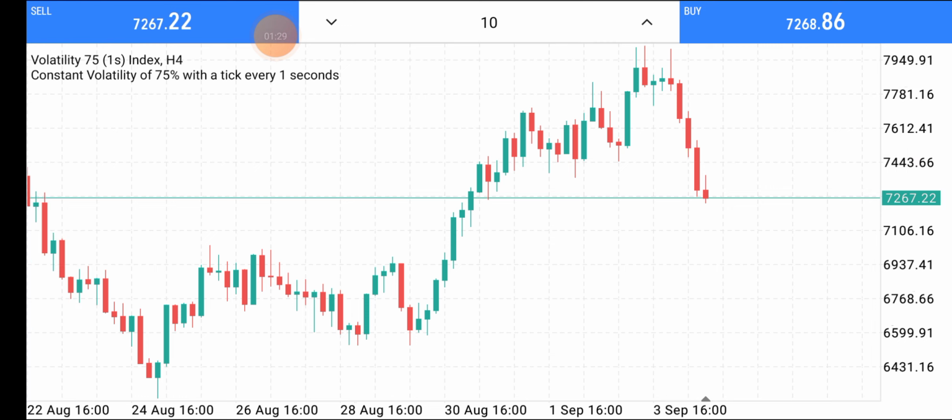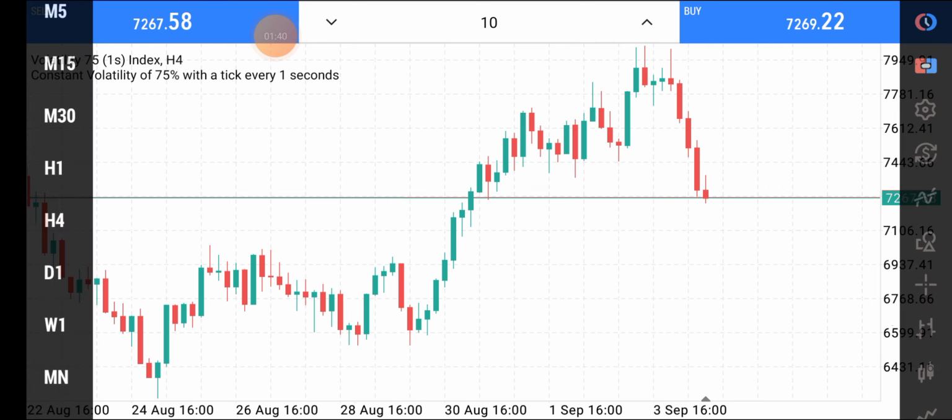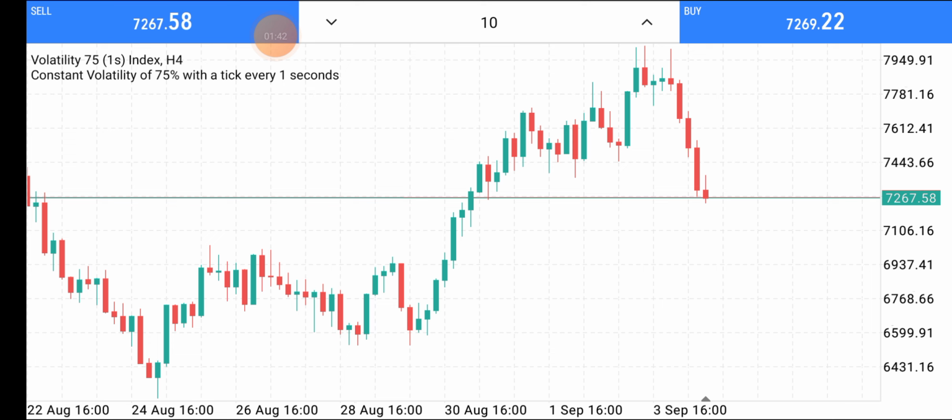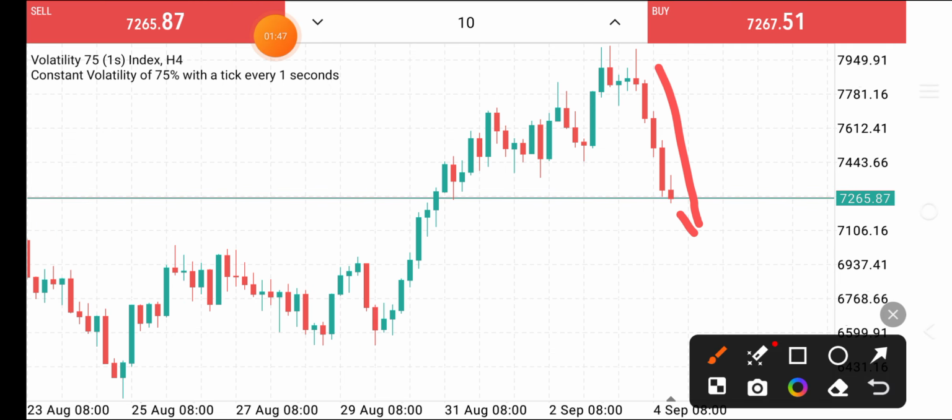This is an H4. This is Volatility 75 Index for those that trade derivatives. If you're seeing a sell movement, a bearish movement in the 4 hours time frame, this same movement is also available even on the 15 minutes time frame.